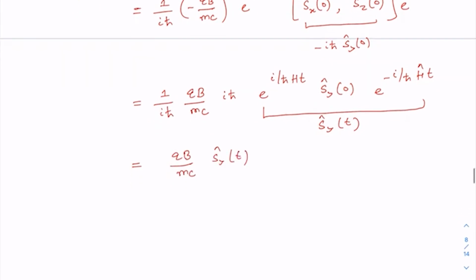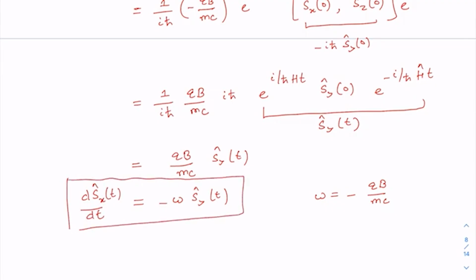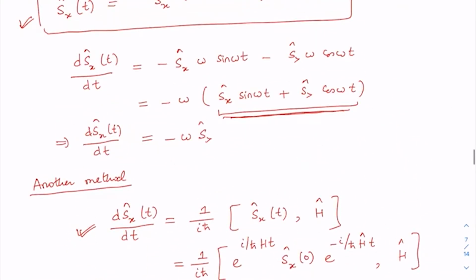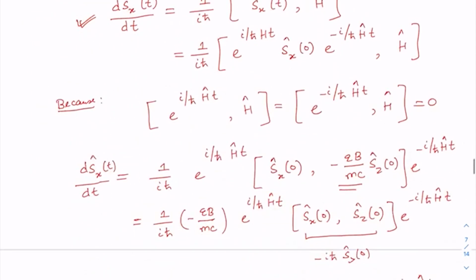Now if I define my frequency omega as minus qB by mc, I will get it as minus omega Sy(t). So this is what I have: dSx/dt is equal to this. I think this is more straightforward. Let me see what we got earlier. Yes, this is what we got.